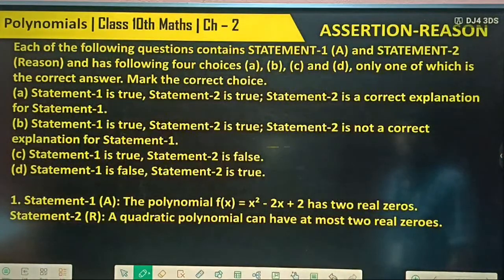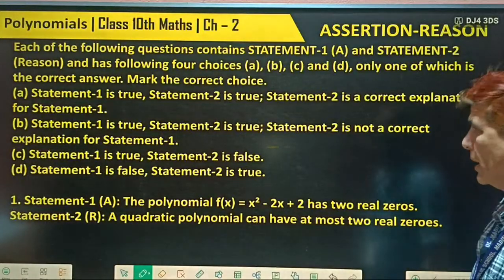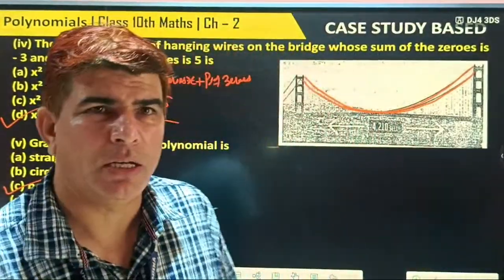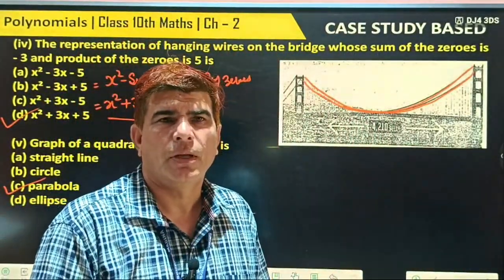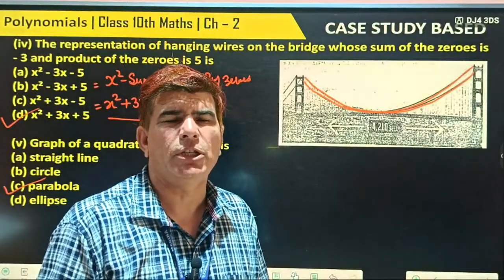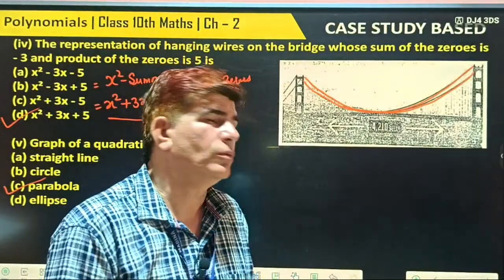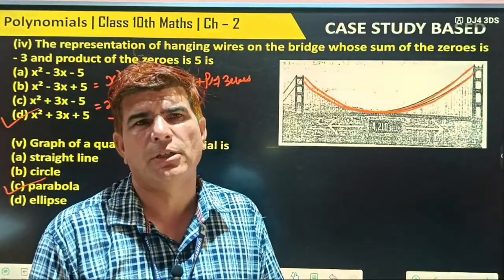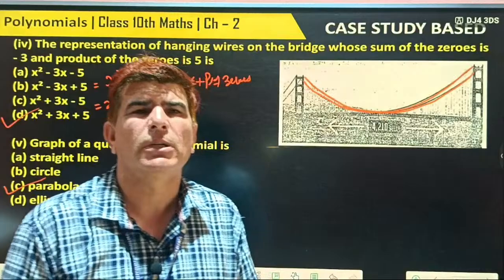Now the reason and assertion based question is given; we have done this case study. You understand all things: the statement shows the case, and then you have to express it in the form of quadratic polynomials, cubic polynomials, linear polynomials not given here.